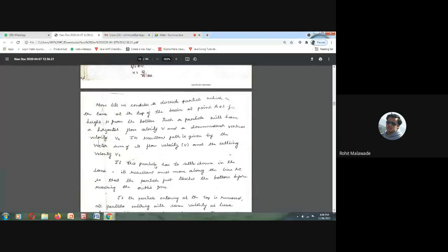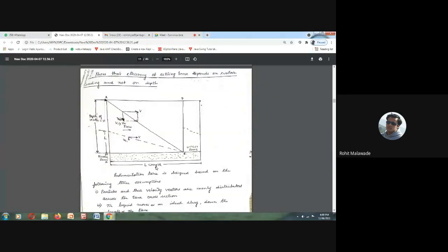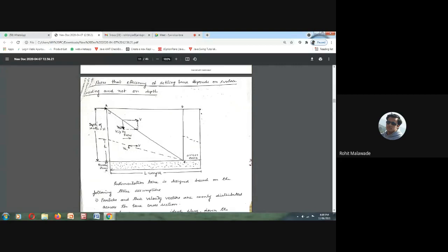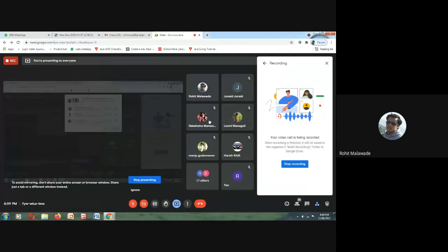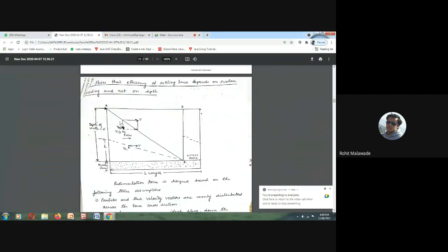Now, let us consider that from here, the water is going to enter into the sedimentation tank with a velocity V, and this arrow is the settling velocity Vs. The resultant of vectors V and Vs gives this particular vector.